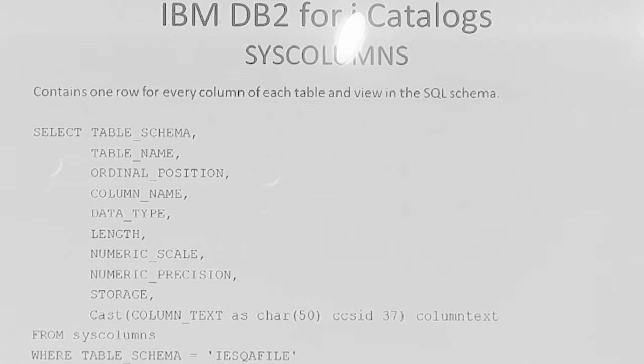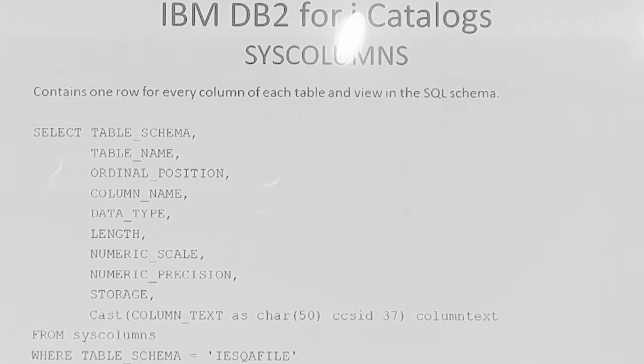The SYSCOLUMNS view is kind of self-explanatory. It's got a row for every column in every table on the system. And I just selected the schema name, the position, the column name, data type, length, scale, that sort of thing. And then I cast the column text as CCSID 37 so I could read it. I limited it to one library just so that it wouldn't take forever to run that query.